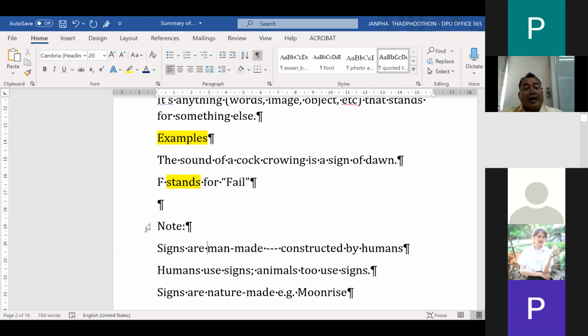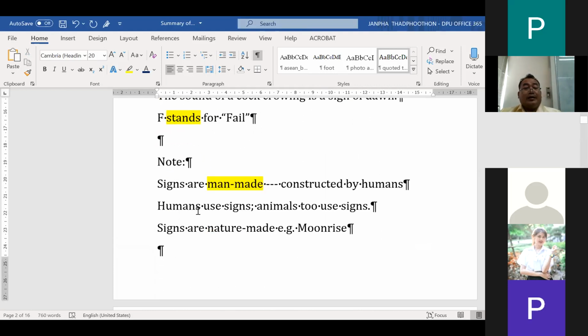So there are two kinds of sign. This is the man-made sign, constructed by humans, like the language, for example.